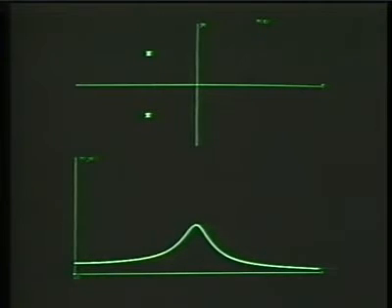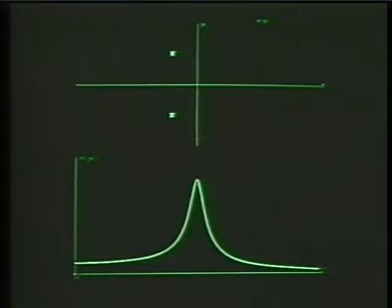So here we see the effect of moving the poles closer to the j omega axis. The resonance has gotten narrower in frequency and higher in amplitude, associated with the fact that the pole vector gets shorter.